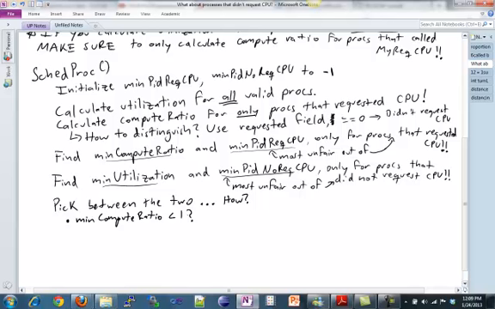So if that process has gotten less than what it asked for, we always want to pick that one. So we want to pick the process that goes along with that minimum compute ratio. So min PID that did request CPU. So this is a process that requested CPU and hasn't gotten all the CPU that it wants. Okay? And so we do this because we always want to give priority to processes that requested CPU.